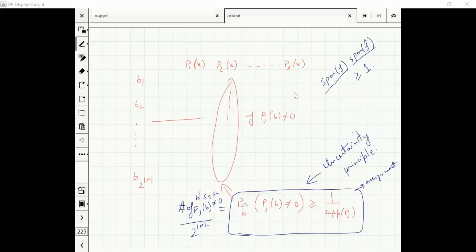This was equivalent to saying that there is a row which has a high number of ones. Using the uncertainty principle, we know that all columns have a decent number of ones. So just by averaging, count the total number of ones in the matrix, divide by 2 to the power gamma, and at least these many ones should be there in one of the rows. That's all. That is the proof of the main lemma. The details you can find in the notes.